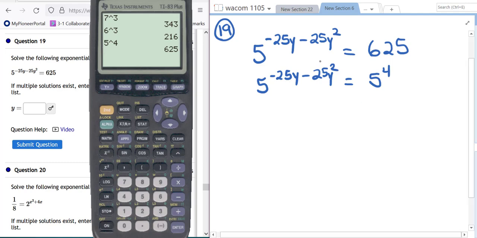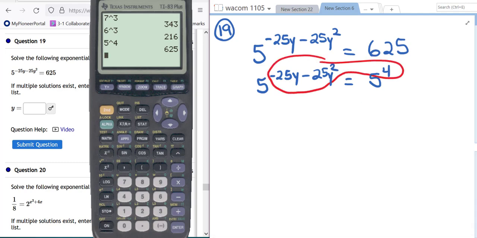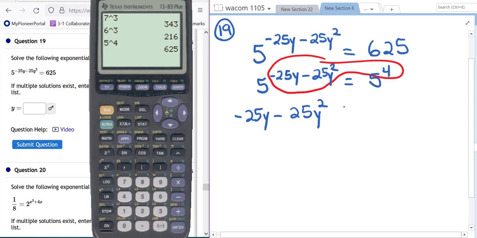And that's your setup that you need. Now you're allowed to set the exponents equal. All right, so seeing the exponent of 2, that's what's different here.